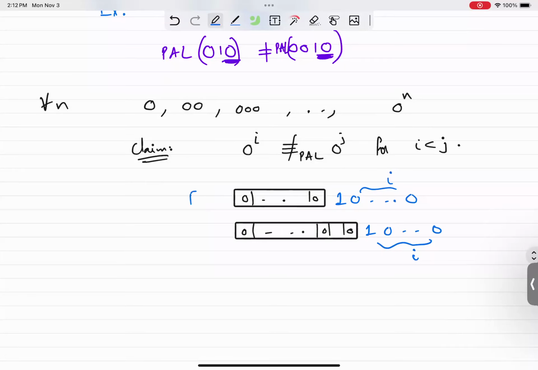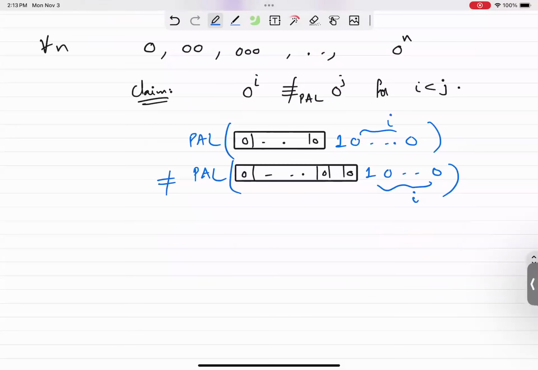It reads the same front and back, whereas the second one is not a palindrome. So for any n, there are at least n mutually incomparable strings under palindrome.